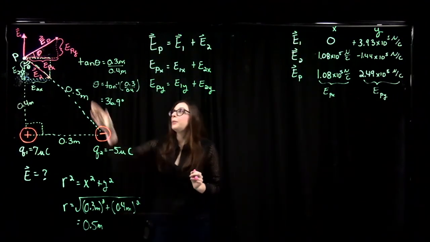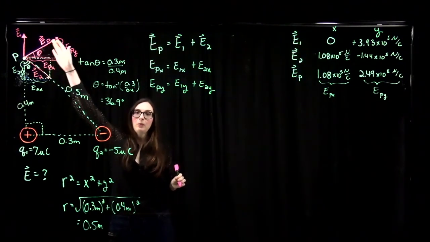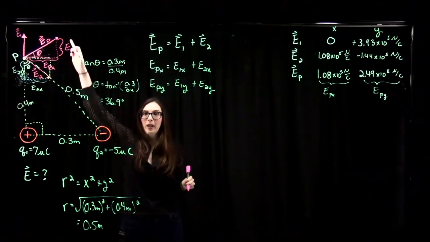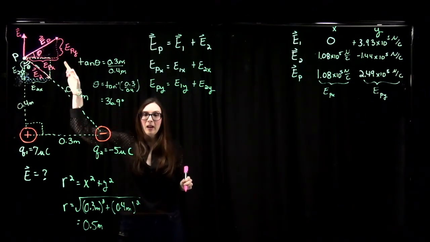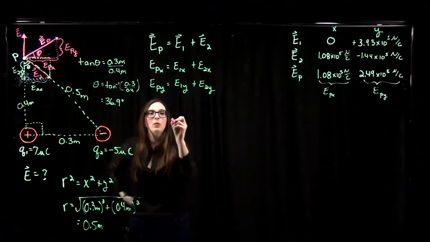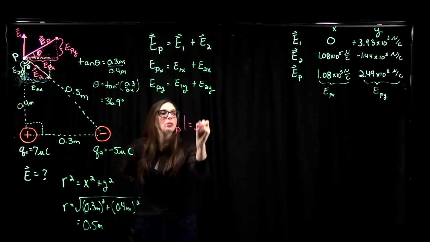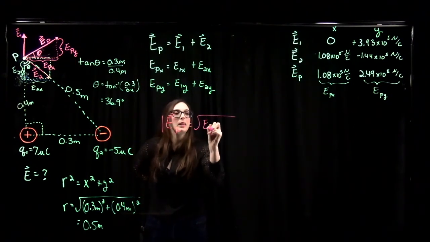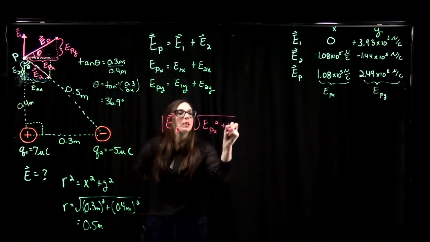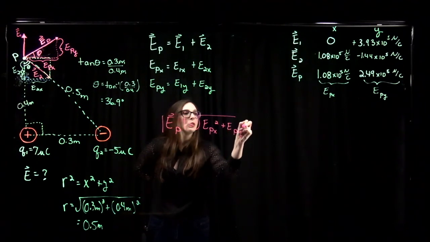Now, to get the magnitude of EP, which is the hypotenuse of a triangle with legs EPX and EPY, we'll say that the magnitude of EP is equal to the square root of EPX squared plus EPY squared.